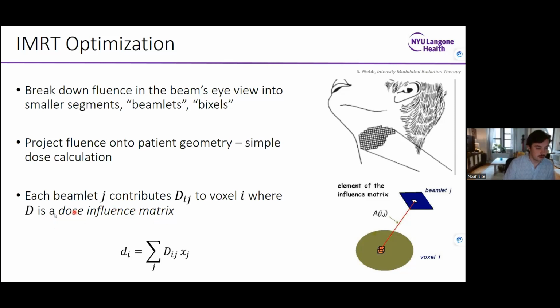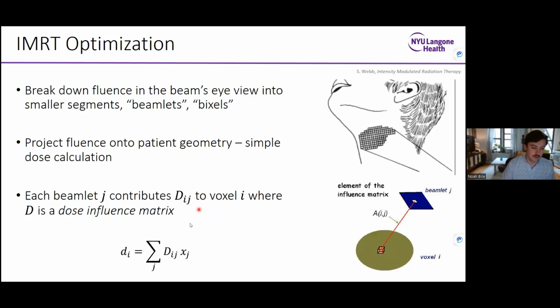So before you start iterating, you do this dose calculation and evaluate, for every beamlet j in our beam's eye view, what is the dose D_ij that it contributes to voxel i.